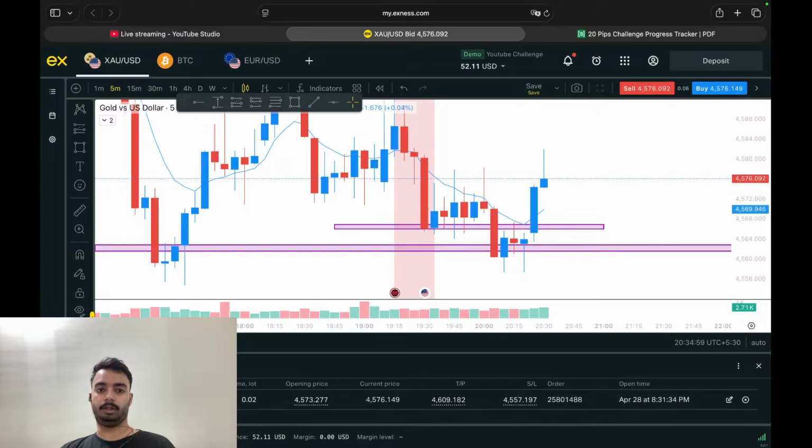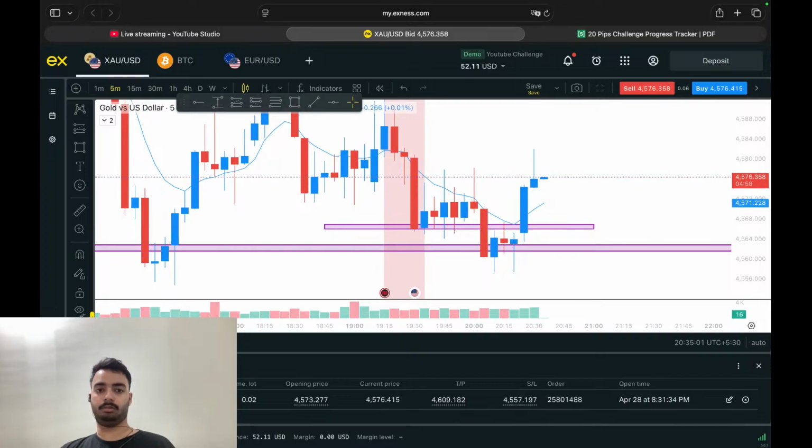I think we can enter into the trade here, because if we keep waiting for it to come down, we may miss the setup, which looks good to me.